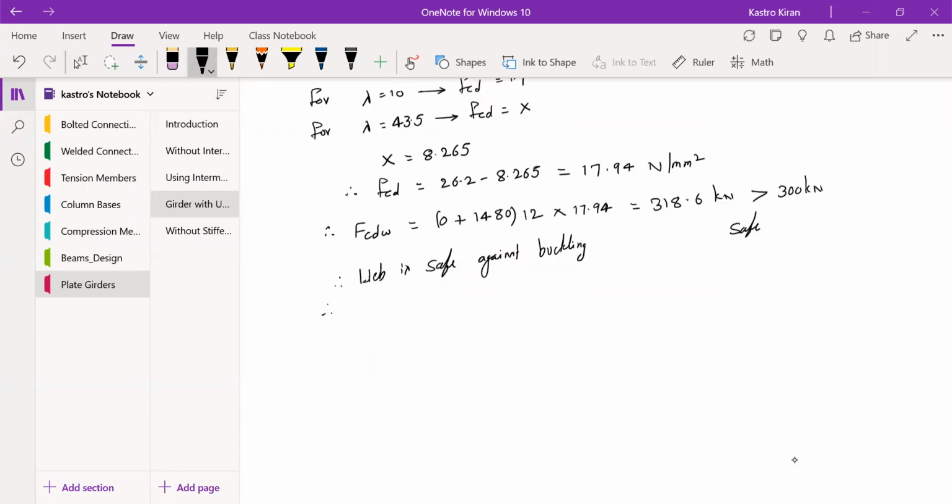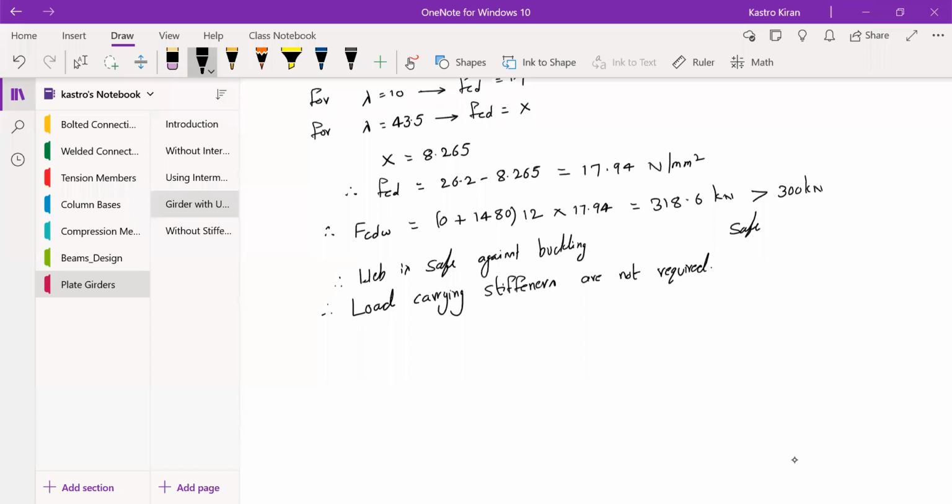Therefore, load carrying stiffeners are not required. So that's how you check whether the load carrying stiffeners are required or not. Since they are not required for our case, we are not going to worry about the design of the load carrying stiffeners.